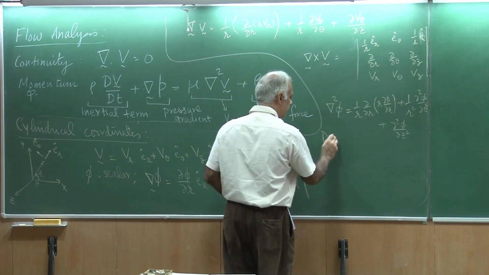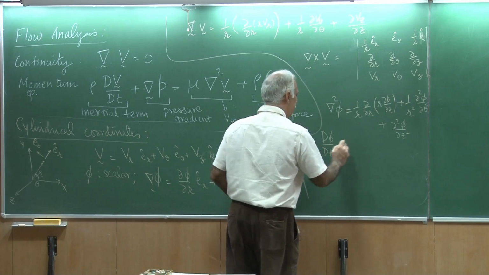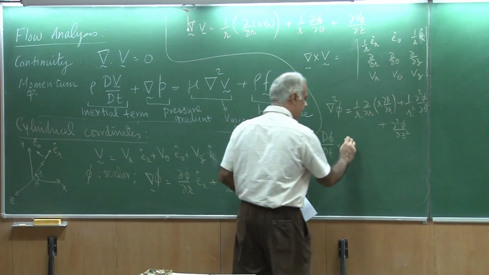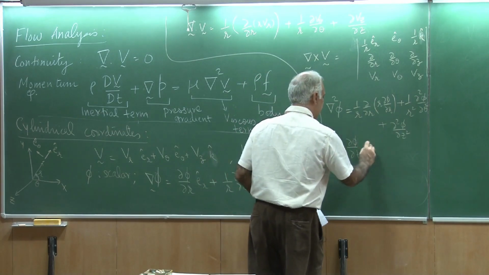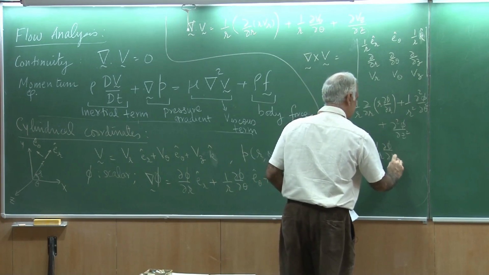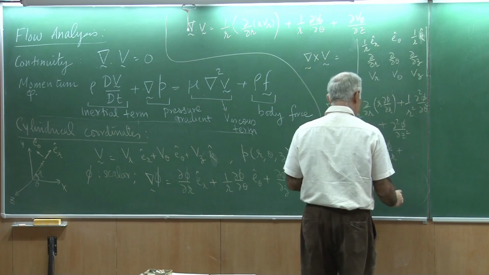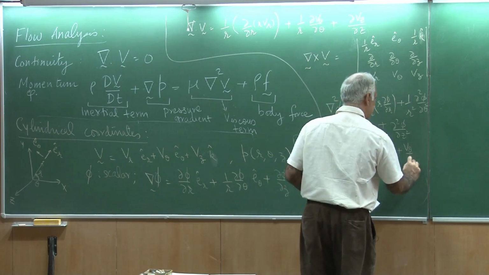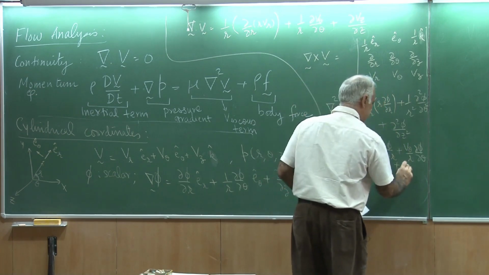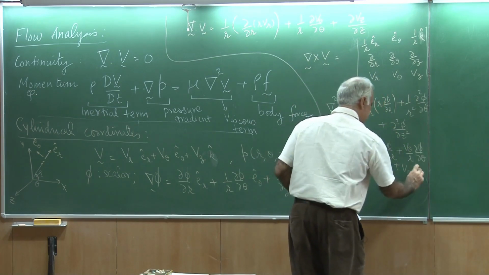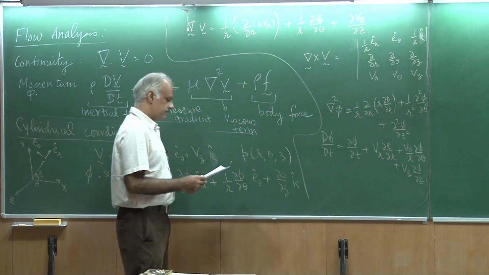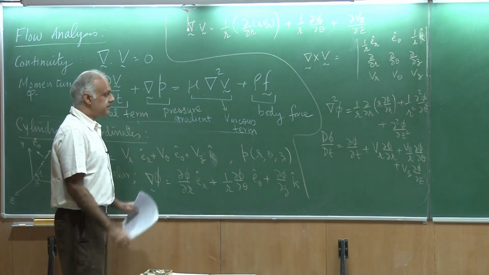Likewise, if I had to look at a quantity like d phi by dt, where phi is a scalar, then that would be given as del phi by del t plus Vr del phi by del r plus V theta by r del phi by del theta plus Vz del phi by del z. Okay.